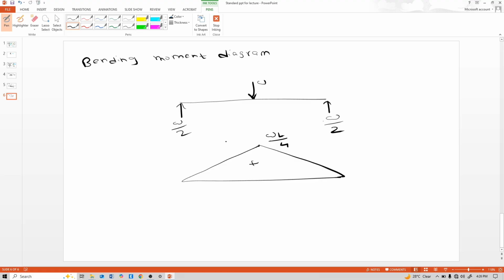Now, the definition of the bending moment diagram: the bending moments obtained analytically are represented by plotting bending moment as ordinate, the y-axis. See, this is represented on the y-axis, and against the position of cross section as abscissa, the x-axis. This cross section position is the x-axis. So this is the bending moment diagram.